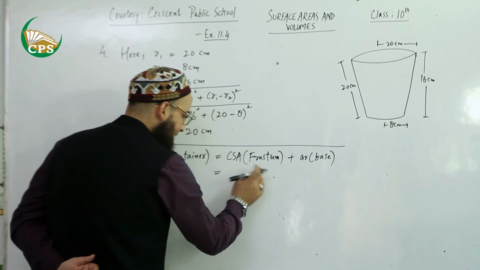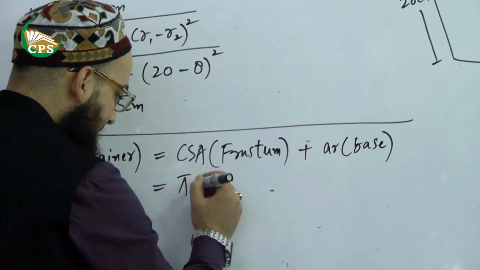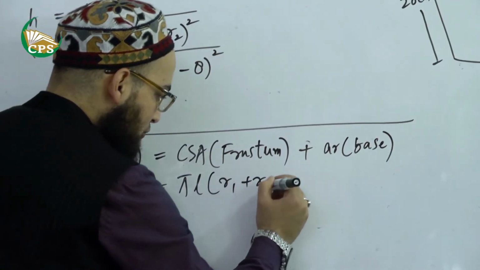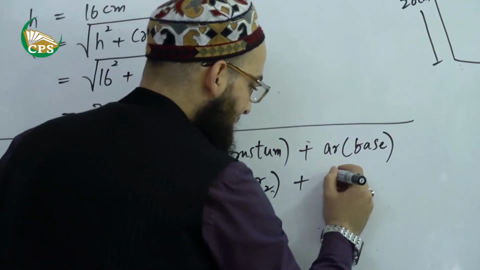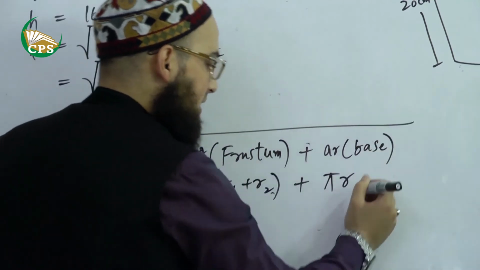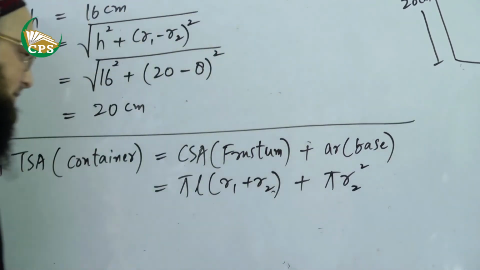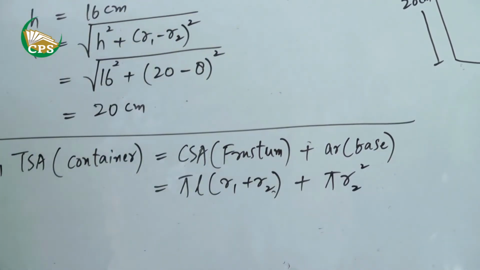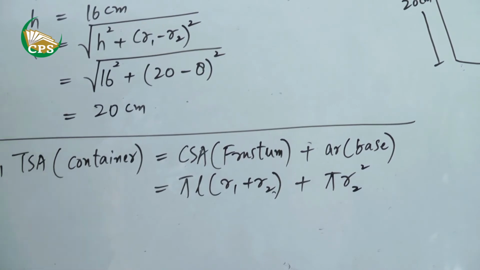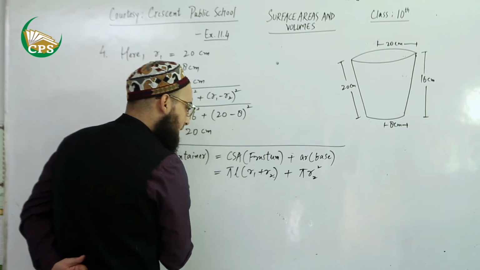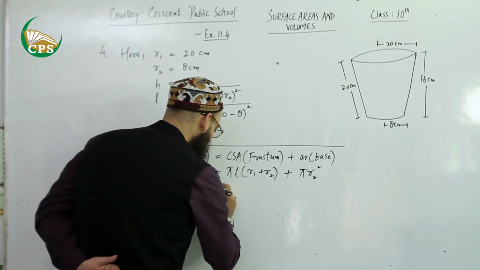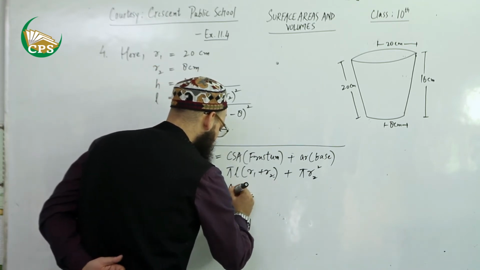Now, curved surface area of frustum is pi L times (R1 plus R2), plus area of base is circular, that means area of circle, that is pi R square, and R2 is considered here, pi R2 square. Then we can take pi out.